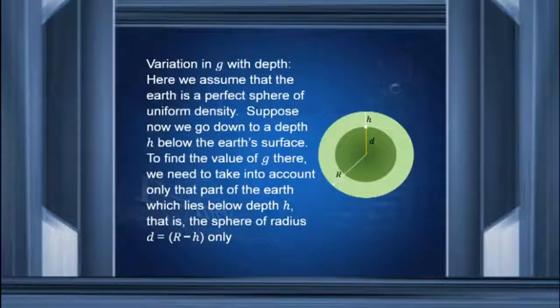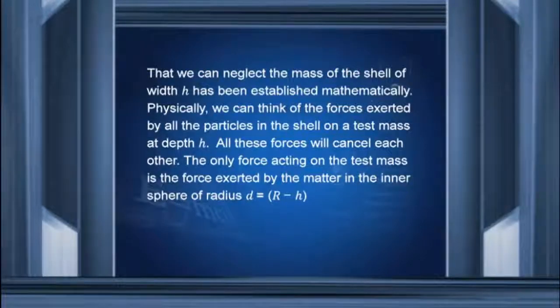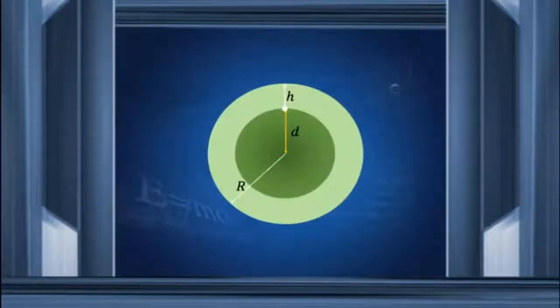How do you find that? The first thing is to remember that the matter in this shell of depth h does not matter. We can prove it rigorously by mathematics, but physically we can think of the forces exerted by all the particles in the shell. Each particle in this shell attracts this particle, and all these forces will add up to 0.